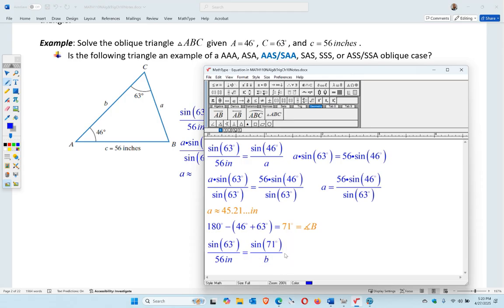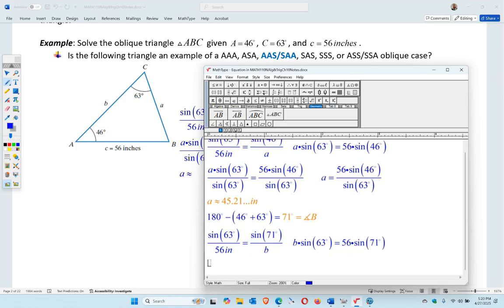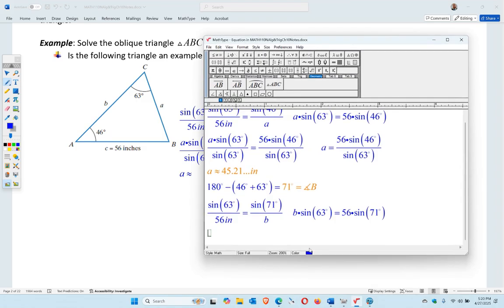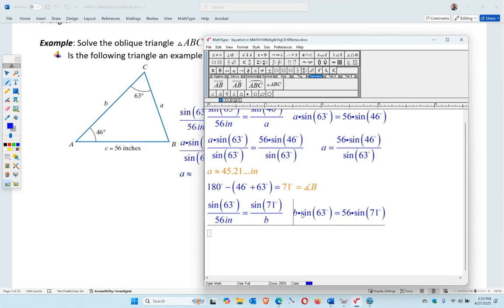If I cross multiply, I get b times the sine of 63 and 56 times the sine of 71. I'll take that and divide both sides by the sine of 63.